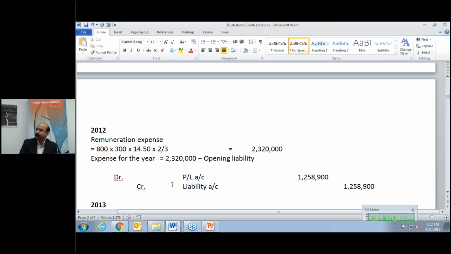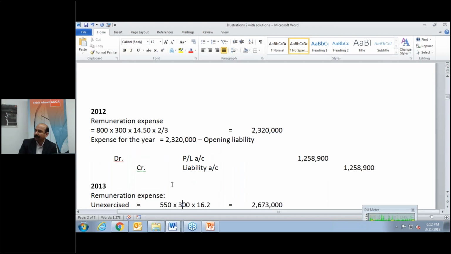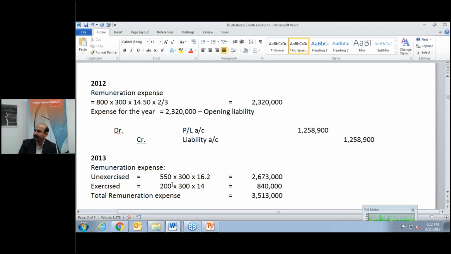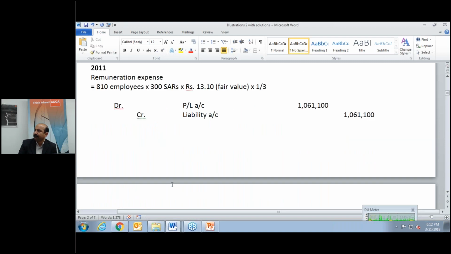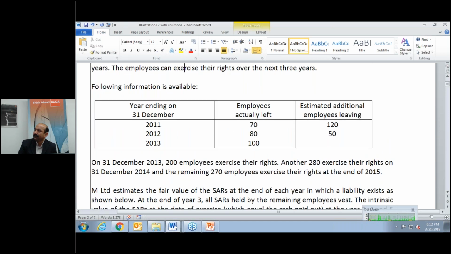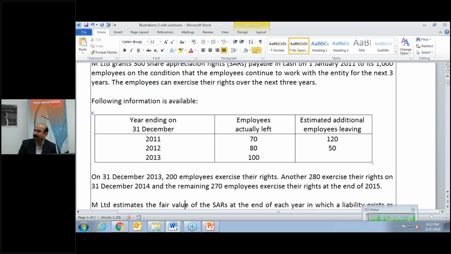Similarly, in 2013, the situation will be, no, there are two situations. What you will be doing here is the important point. This situation can arise practically.